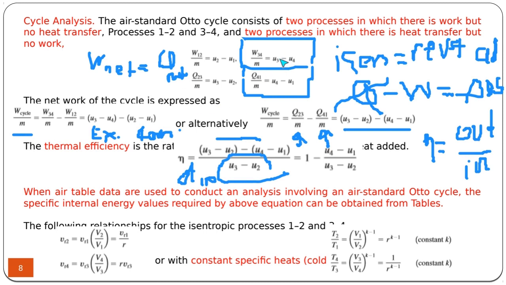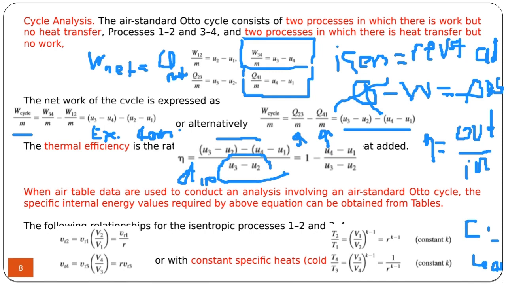On the other hand, if we assume cold air standard, in which the specific heat is constant, then calculations are a lot easier because we use the isentropic relations for cold air standard in which C is constant. So these are the isentropic relations, isentropic compression and isentropic expansion.